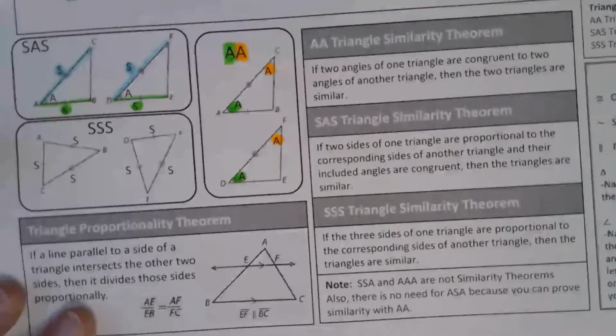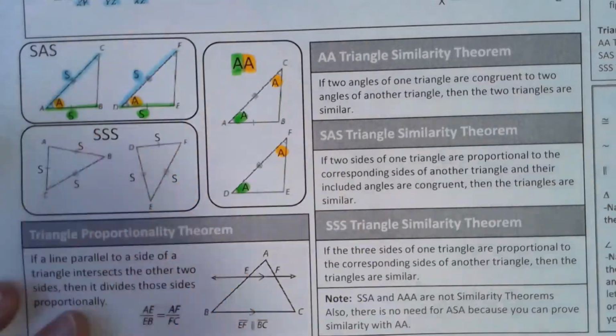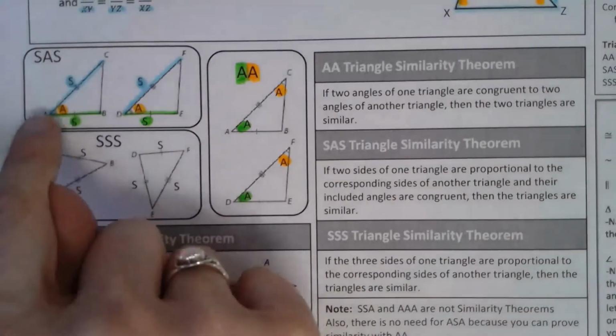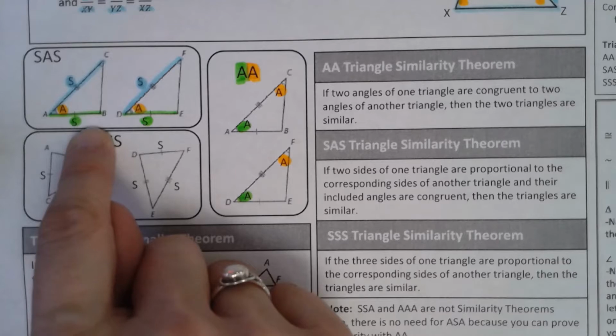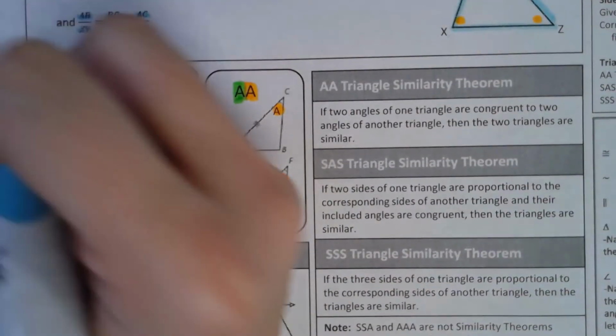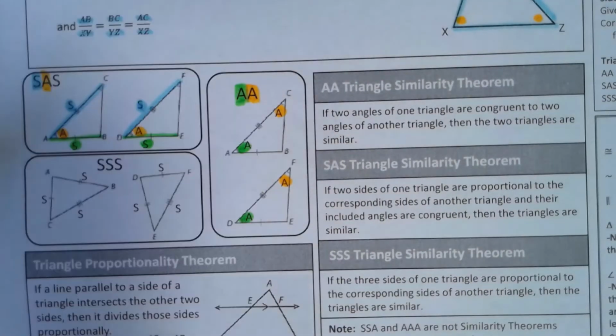So if those angles here and here are congruent, we can prove it with side-angle-side. And we read them in order: side, angle, side, to make sure that angle is included. So as we said, we have side, angle, side similarity.